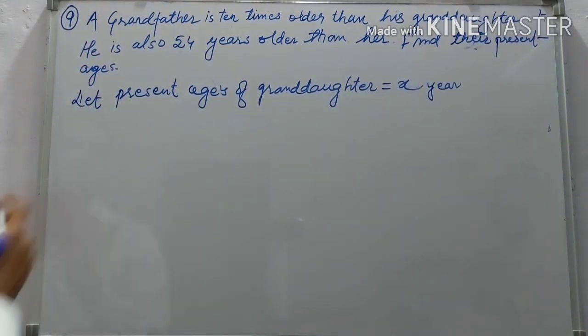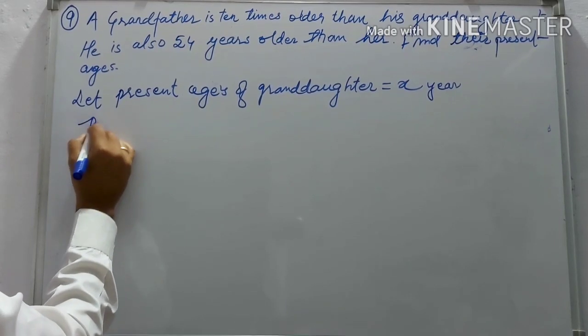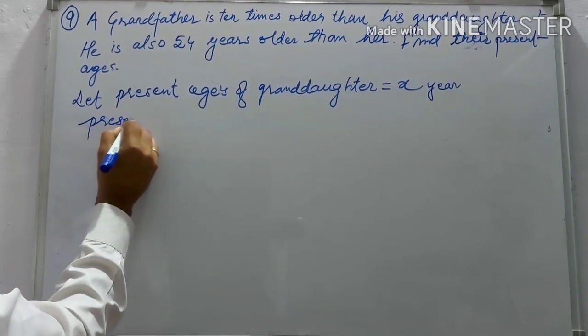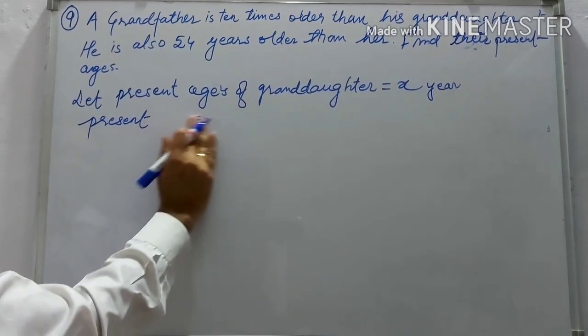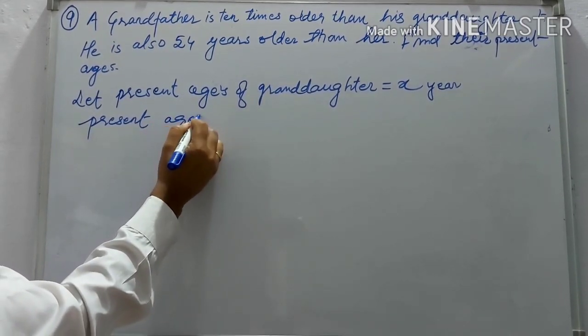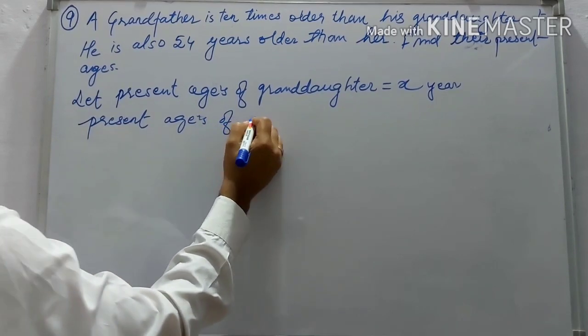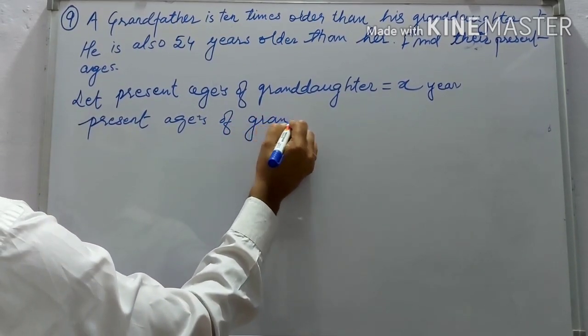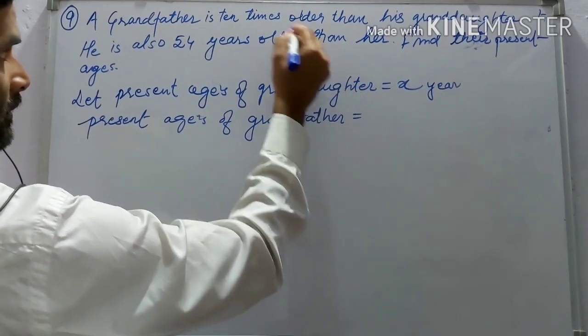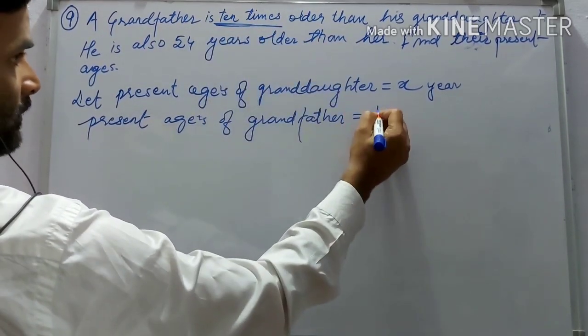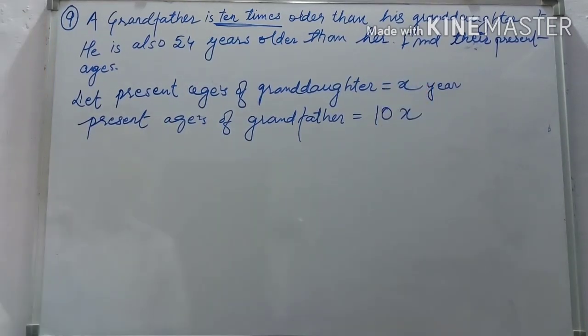Okay, and the grandfather's present age is 10 times, 10x.